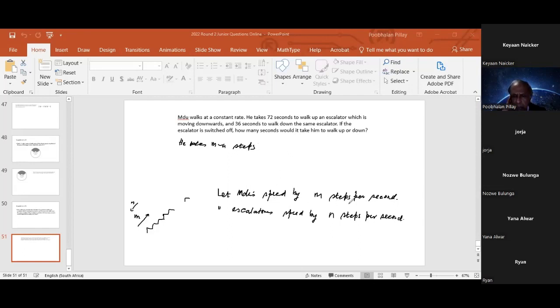When you say speed, m steps, it means when the escalator is standing still, right? If he's not fighting the escalator, then it takes m steps per second. But now he's fighting it. So m minus n. We assume that m is greater than n, otherwise he'll fall down, right? He needs to get to the top and make sure that he goes faster than the escalator per second.